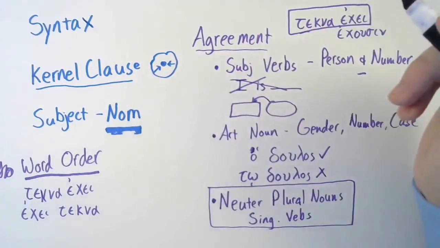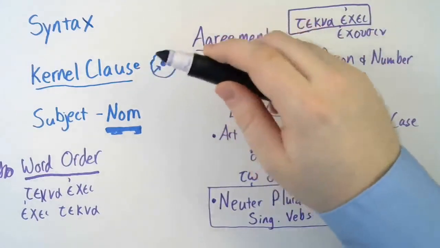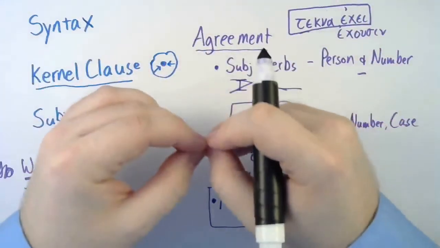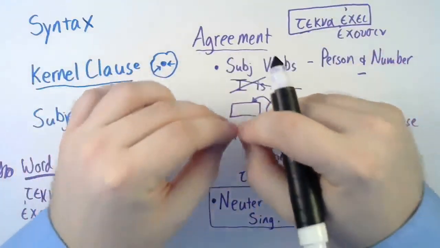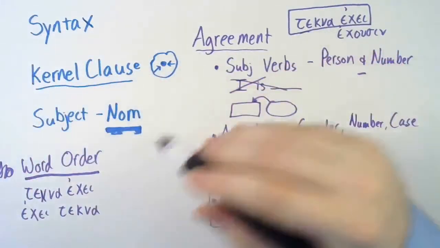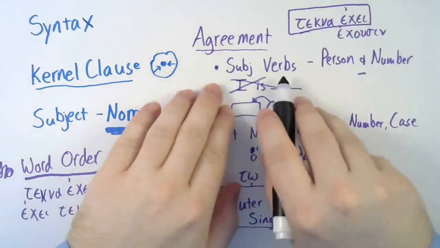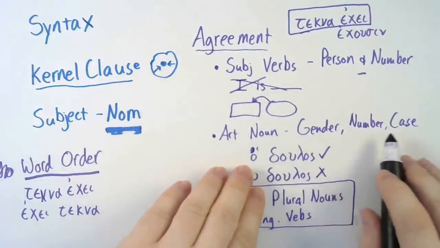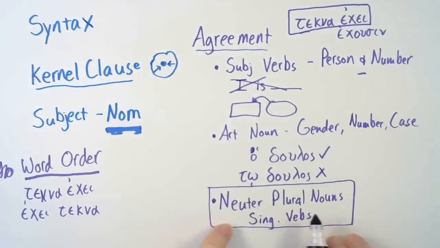All right. So we talked about the kernel clause, which is the most basic form of the sentence, or the most basic elements of the sentence, the main subject and the main verb. And we talked about agreement. Subjects and verbs agree in person and number. Articles and nouns agree in gender, number, and case. And neuter plural nouns will often take singular verbs.